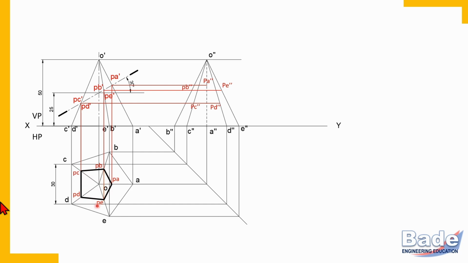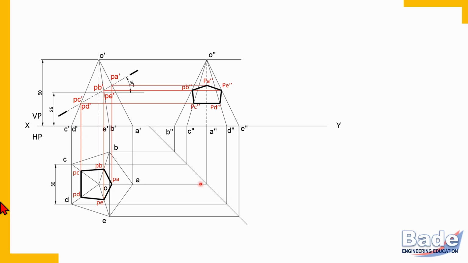So it has a closed boundary, remember. Similarly, we'll join these points to form a closed polygon in the side view. So here it is, the section in the side view. So we have completed the section in all 3 views. This is the section in the side view. Here it is, the section in the top view. And here the section is a single line in the front view.